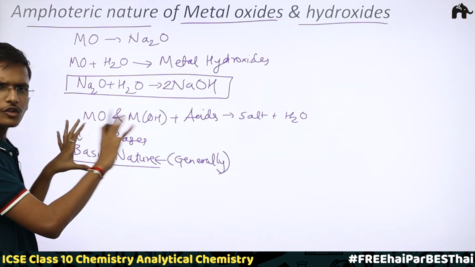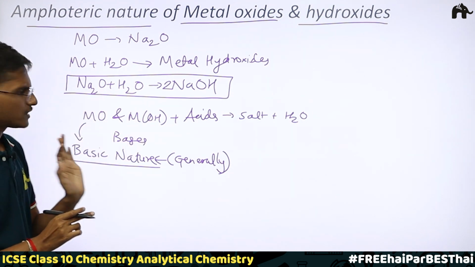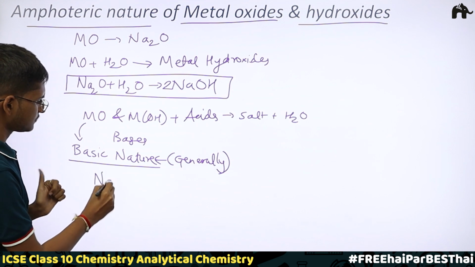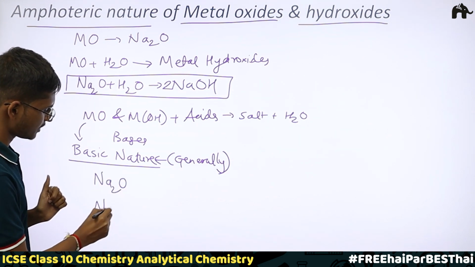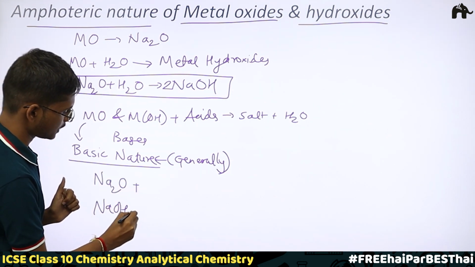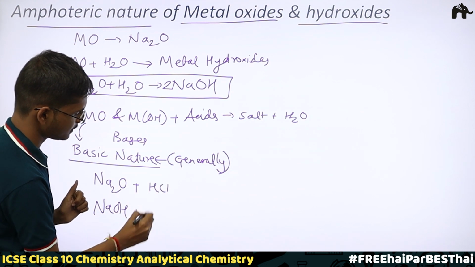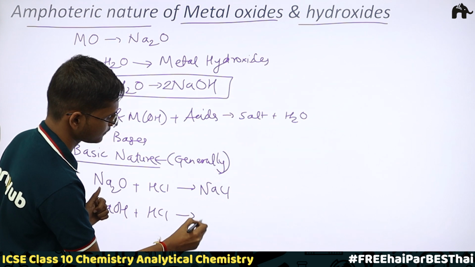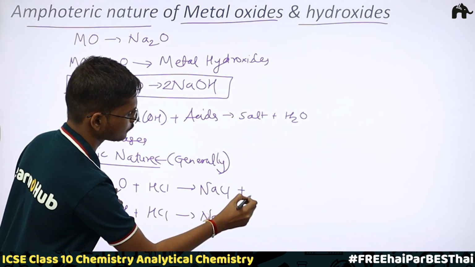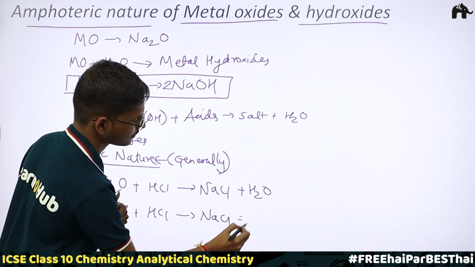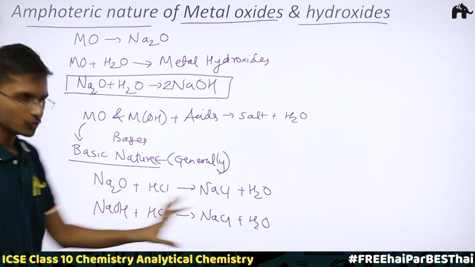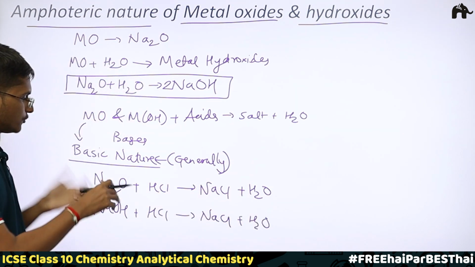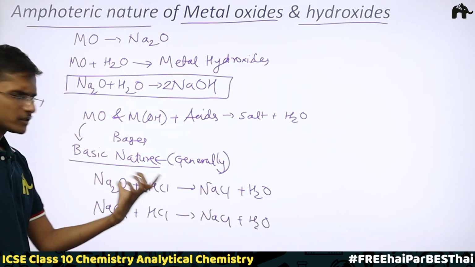Okay, it's clear. Now let's take an example to understand this thing. See, I'm taking the same metal oxide, same metal hydroxide. They are reacting with this acid HCl and they are forming the salt NaCl, and water. So now I hope you can balance the reaction on your own because it's quite simple.